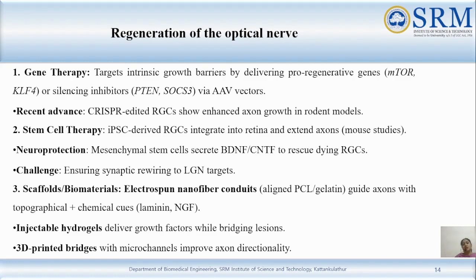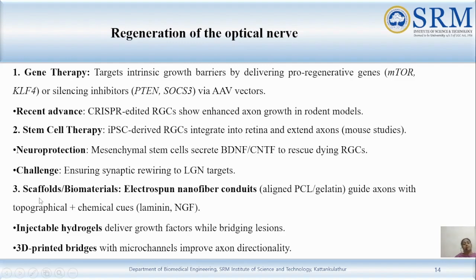These studies have been done in mice. These cells have shown neuroprotective properties. For example, mesenchymal stem cells secrete BDNF and CNTF to rescue the dying RGCs. The challenge here is ensuring synaptic rewiring to the accurate LGN targets, which is still underway.